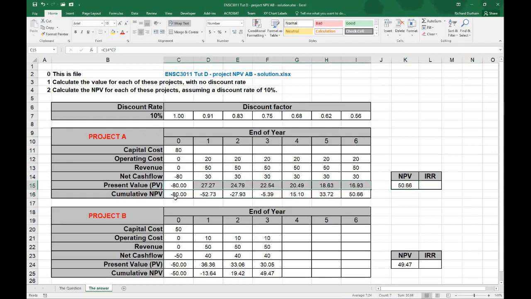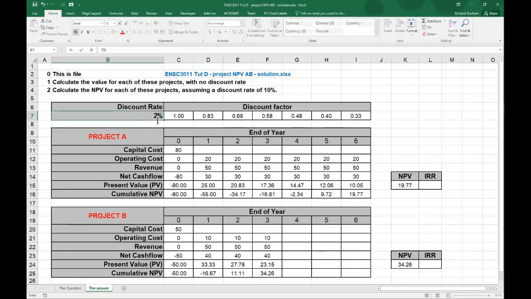There's an extra row here for cumulative NPV, so it changes each year, which we'll use later. And to calculate IRR, we change the discount rate here and just keep an eye on NPV and change it till NPV becomes 0 for this project. So let's change it to 20%.